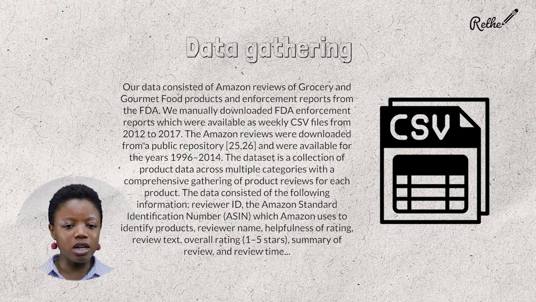The dataset is a collection of product data across multiple categories with a comprehensive gathering of product reviews for each product. The data consisted of the following information: reviewer ID, the Amazon standard identification number, which Amazon uses to identify products, reviewer name, helpfulness of rating, review text, overall rating, which had 1 to 5 stars, and summary of review and review time.